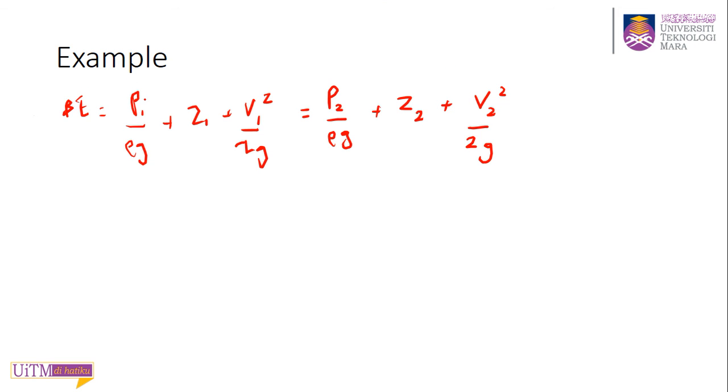Okay, they give you P1, 345 kilopascal. The height is 2 meter, so your Z1 must be 0. If they give you only 2 meters, one reference point must be 0, and your high elevation point is 2 here.